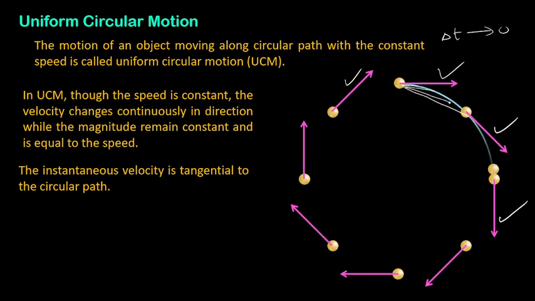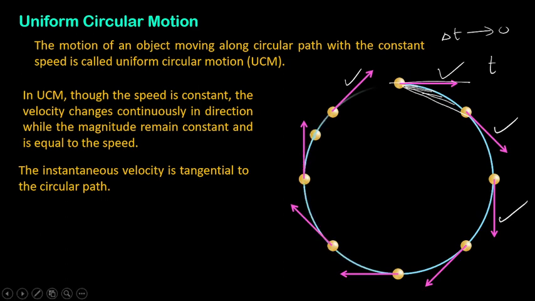We get a series of smaller and smaller displacements when we decrease the time interval, and this series of displacements tends to become aligned with the tangent to the circle. The tangent is drawn at a point which coincides with the moment t of the time. So velocity is always tangential to the circular path.